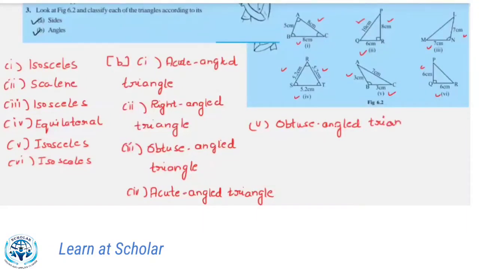I think the concept of acute, obtuse and right angle is clear to you. The sixth one, clearly we can see the right angle. So the triangle is right angle triangle because the angle is of 90 degree.